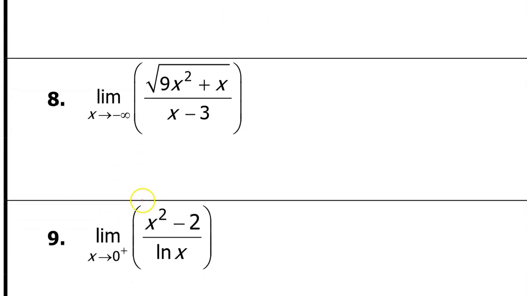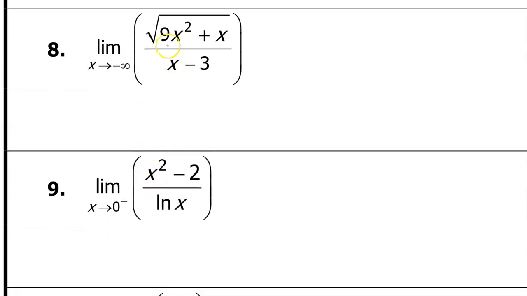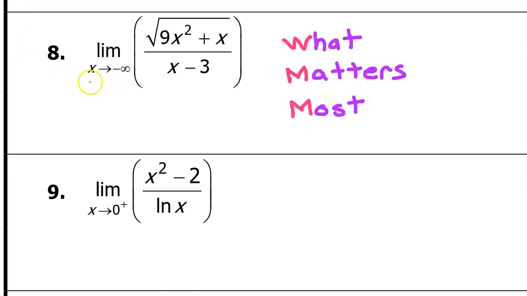Number 8. Find the limit of this expression as x approaches negative infinity. When x approaches positive or negative infinity, we can often find the limit by thinking about what matters most. As x approaches negative infinity or positive infinity, some terms grow faster than others.